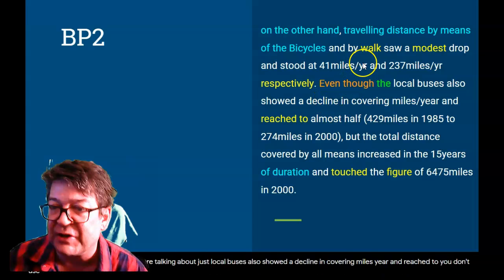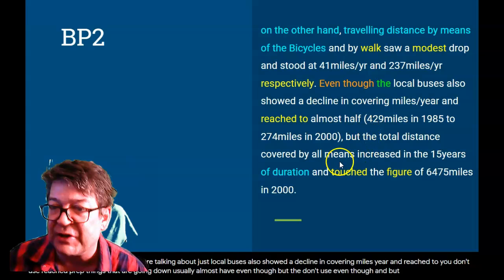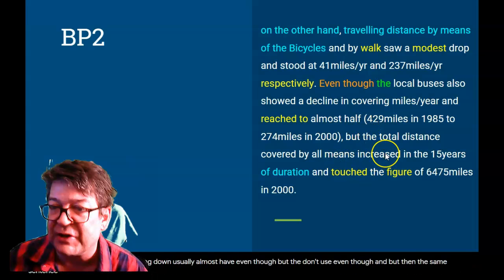"Also showed a decline in covering miles year and reached to." You don't use reached for things that are going down, usually. Almost have. "Even though, but the." Don't use even though and but in the same sentence. And even though buses showed a decline, one small thing: the total increased.